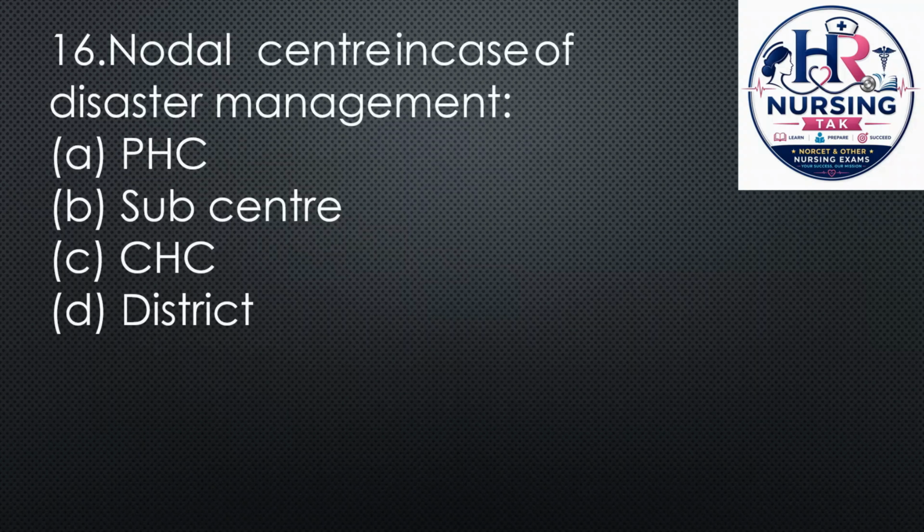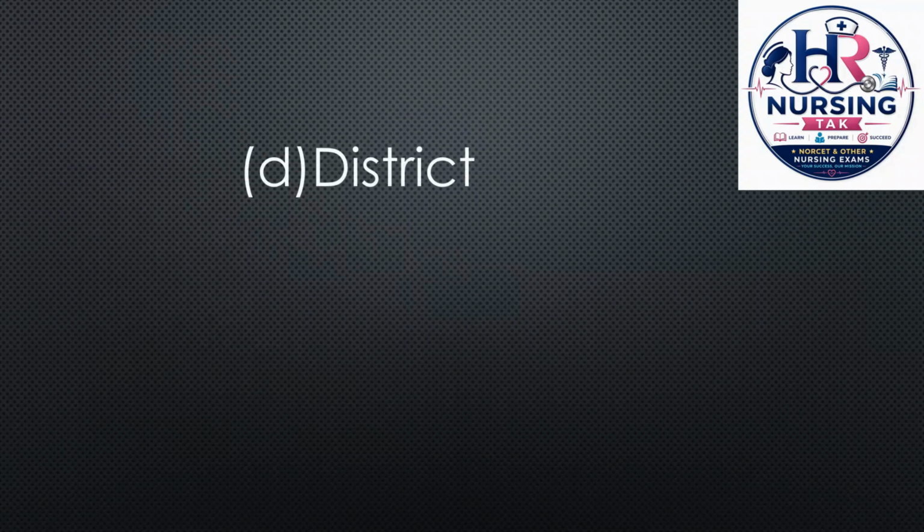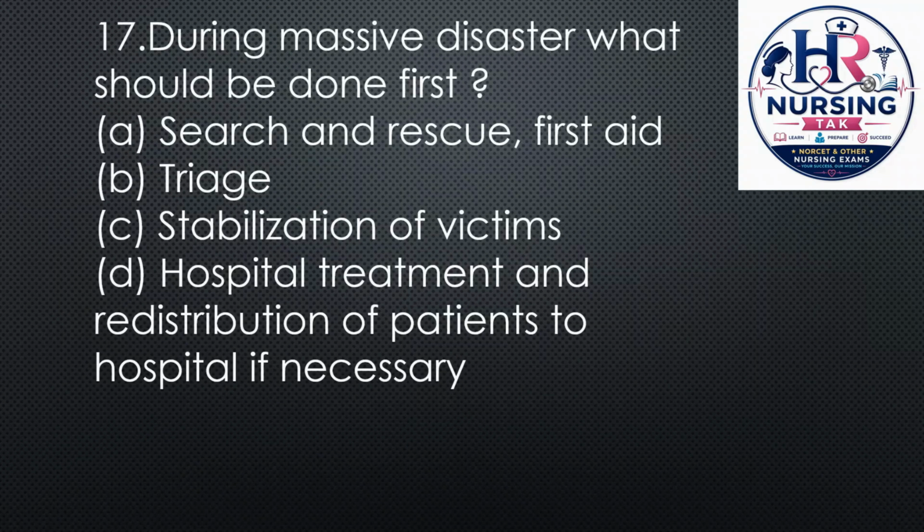Question 16. Nodal center in case of disaster management. A. PHC. B. Subcenter. C. CHC. D. District. Answer is D. District. Question 17. During massive disaster, what should be done first? A. Search and rescue, first aid. B. Triage. C. Stabilization of victims.